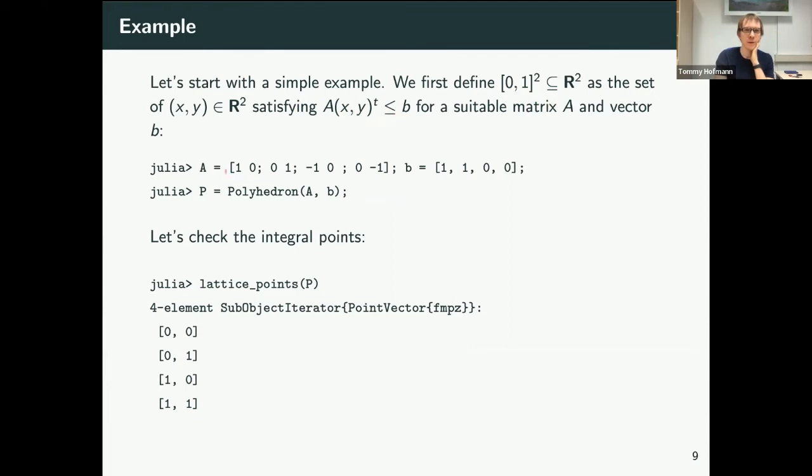You define a matrix, just specify the rows separated by semicolons, and this vector, and then you can just create this polyhedron by providing the matrix A and the vector b. And then we can count the number of points or look at the lattice points, and there are these 4 points as we expected. So this is good news. It's doing something useful.